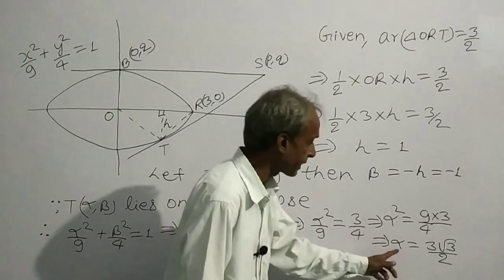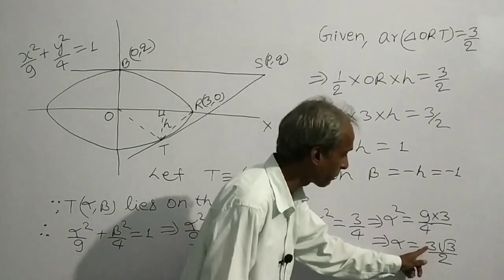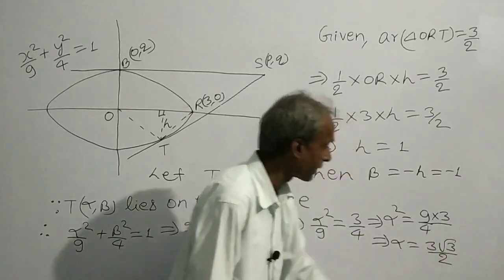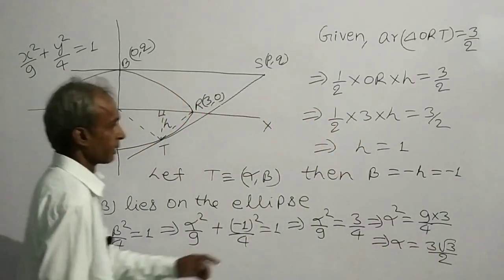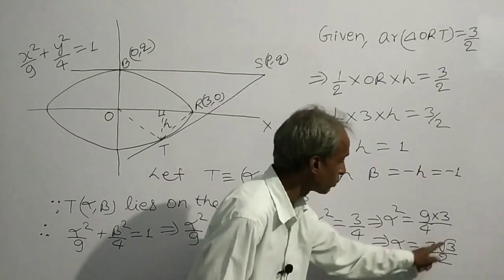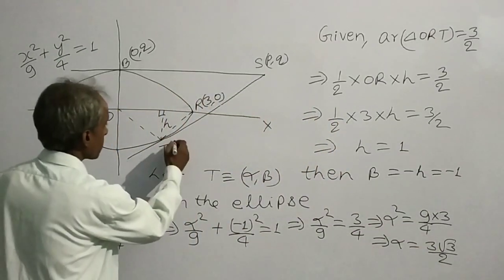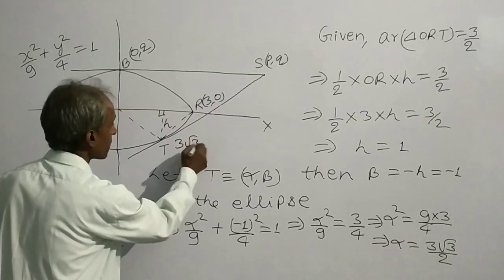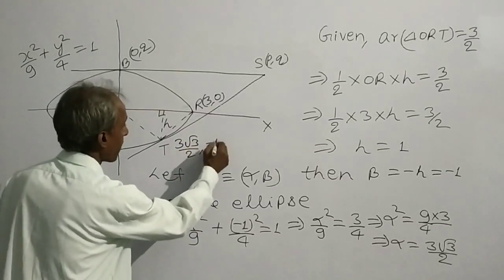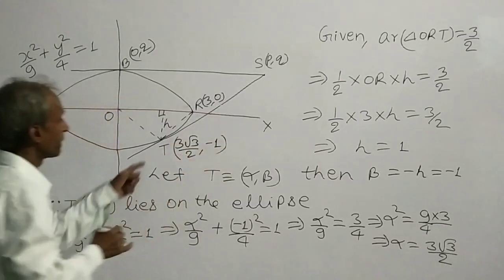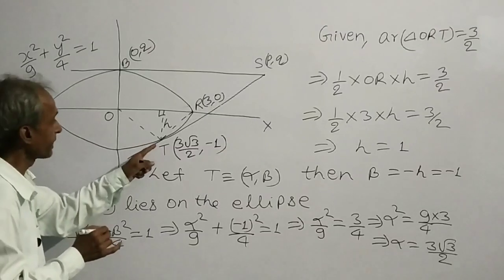After simplification we get value of alpha 3 root 3 by 2. Thus alpha is 3 root 3 by 2 and beta is minus 1. 3 root 3 by 2 and minus 1 will be coordinate of this point T.